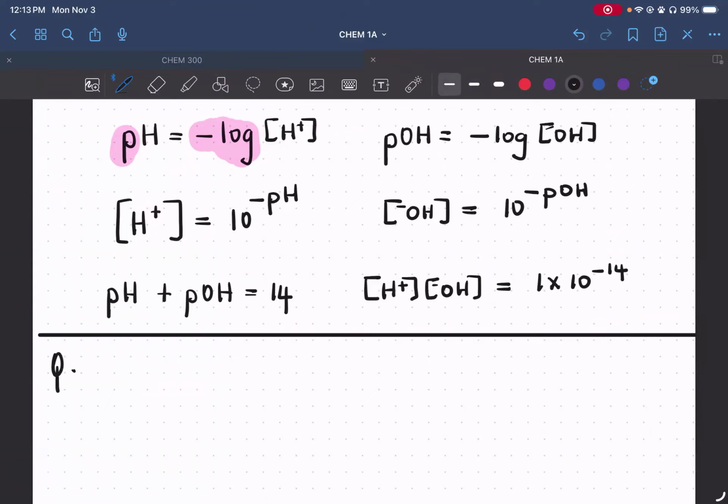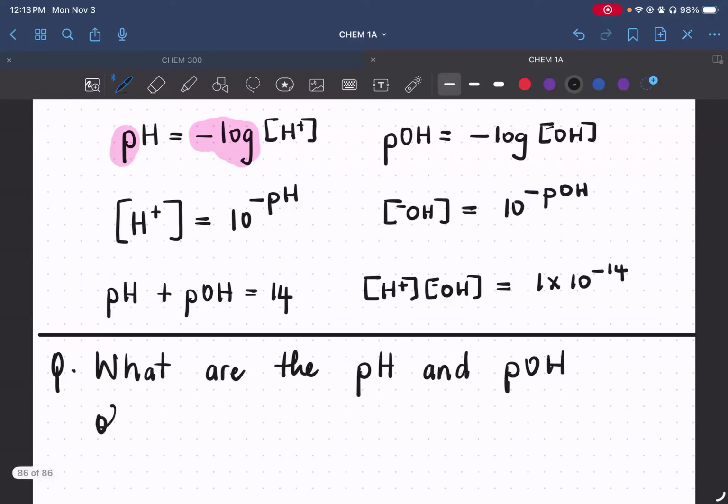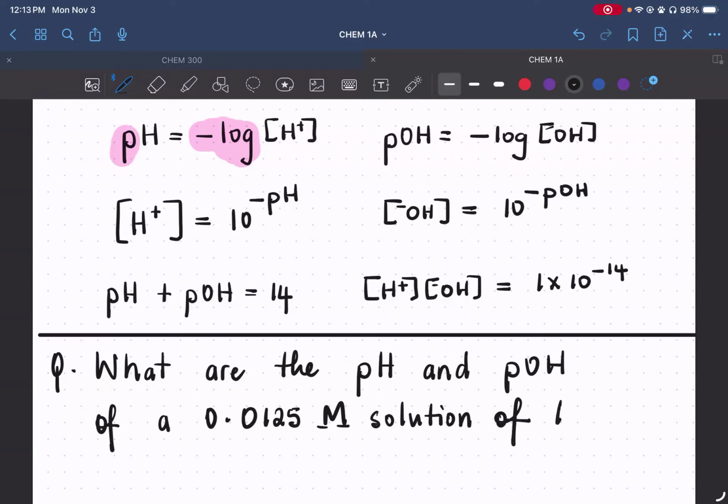Starting with a fairly straightforward one. What are the pH and pOH of a 0.0125 molar solution of KOH?